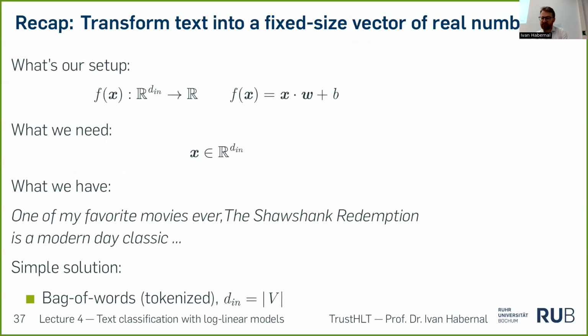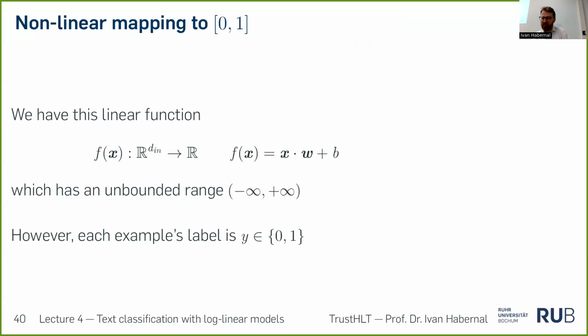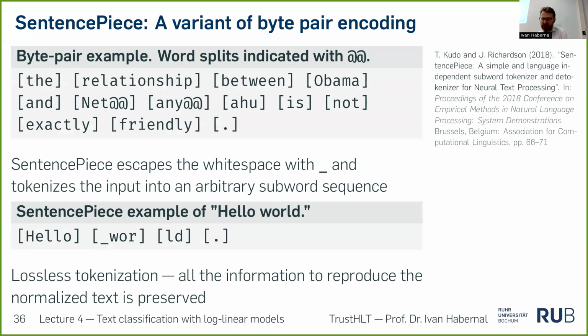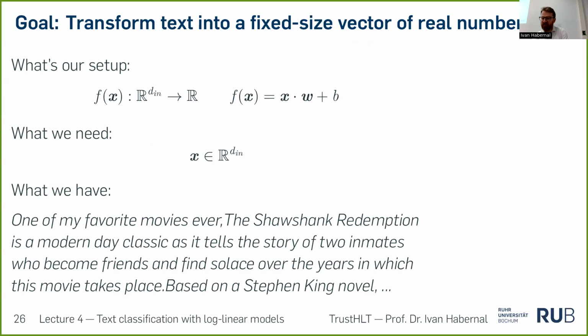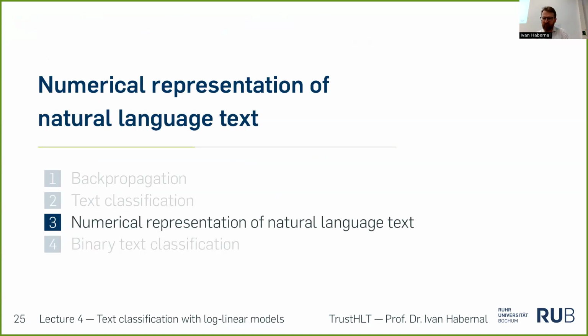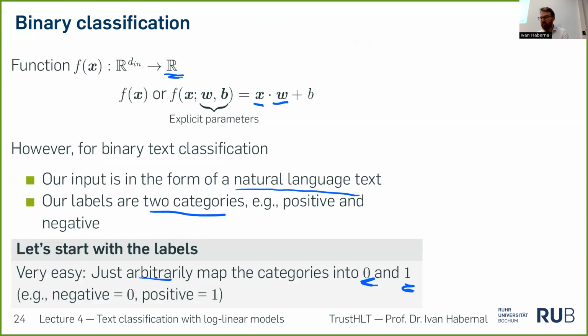Because if the output should be one dimension, this has to be a vector of the same dimension as x, like a one column matrix.